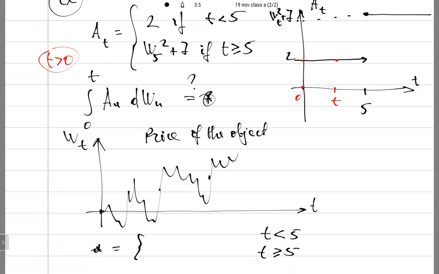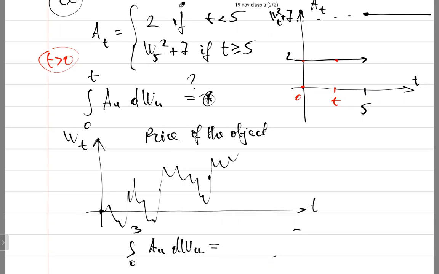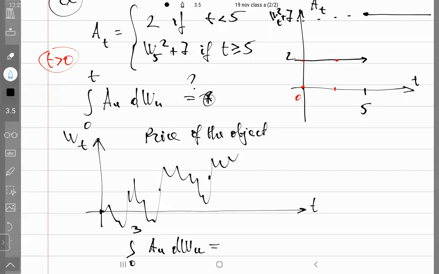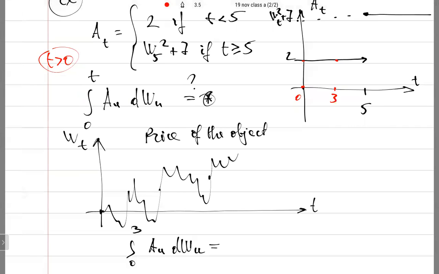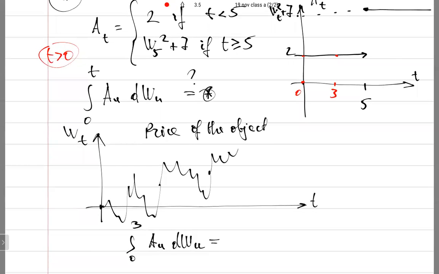No. Imagine that, if it's too hard with parameters, let's start from 0 to 3, the integral of A_u dW_u. So let's start first with a fixed boundary. Okay, so it's just 3. If it's a little bit hard, then let's fix it for the moment.